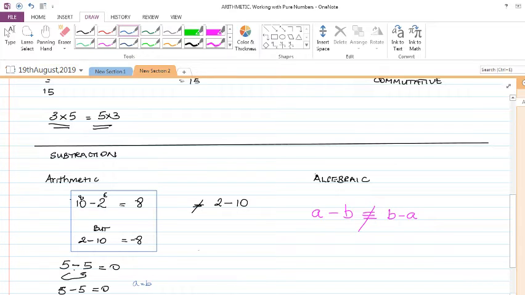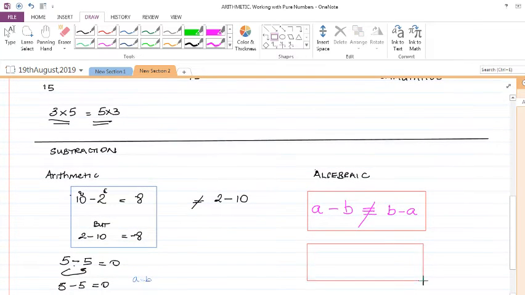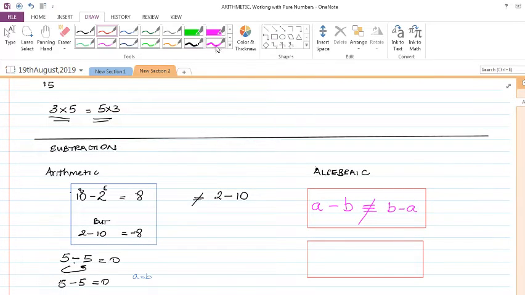Right? What this symbol means, this statement here, is not the same as this statement. This statement and this statement are not the same statements.